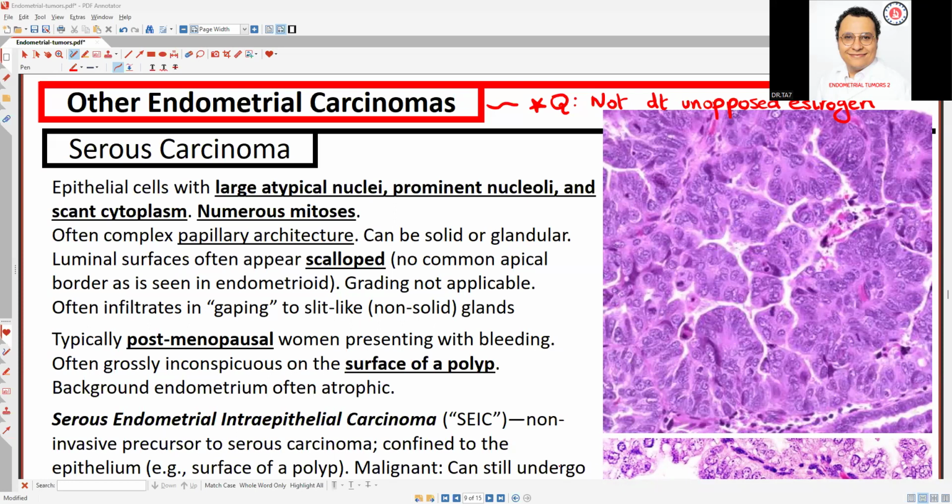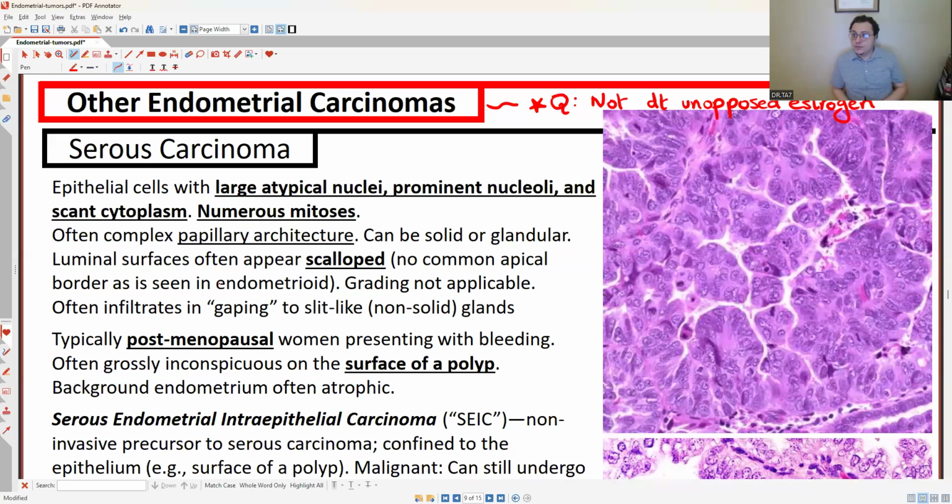As you see right there, in the Kurt notes they are calling this other endometrial carcinomas or other endometrial tumors. However, I need you to know that these are not due to unopposed estrogen, because in one of the Q banks they ask which of the following tumors is not estrogen dependent.